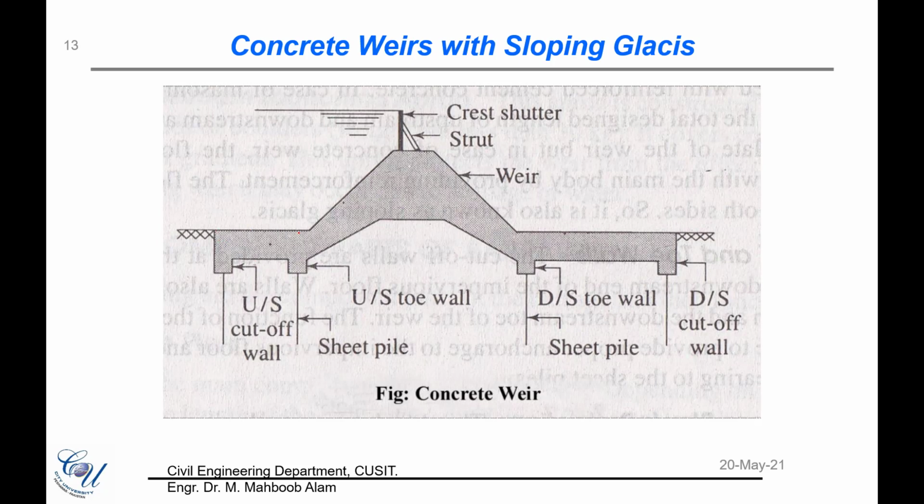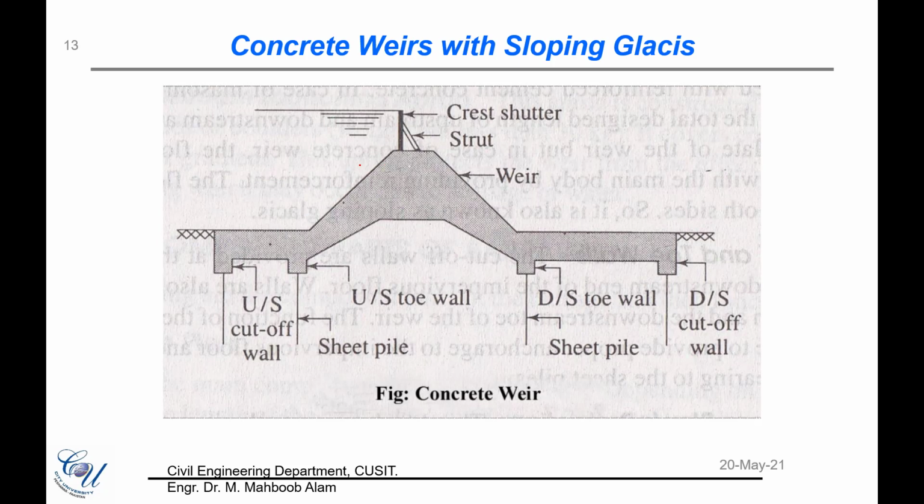So you see here that this whole structure, starting from the upstream side to the downstream side and then the weir itself, is one complete monolith which is constructed either in one go or maybe in portions, but at least the structure is one whole.